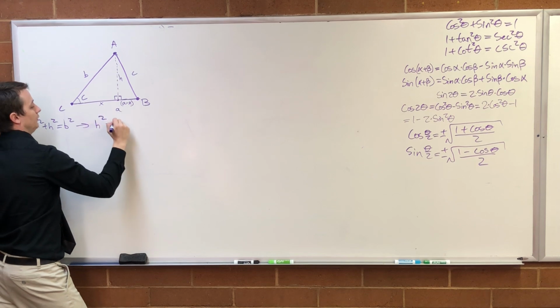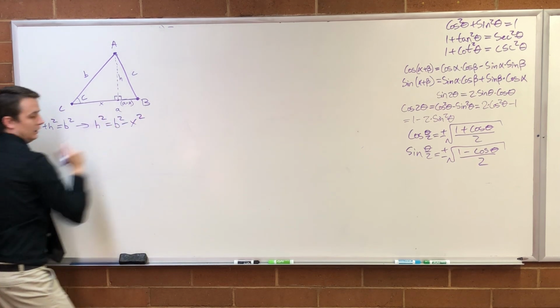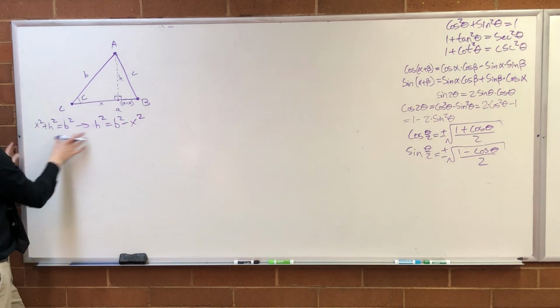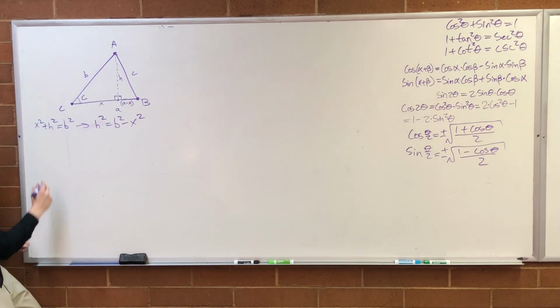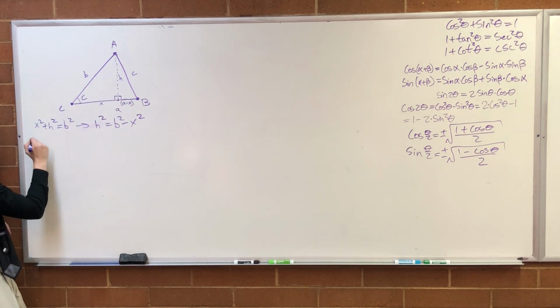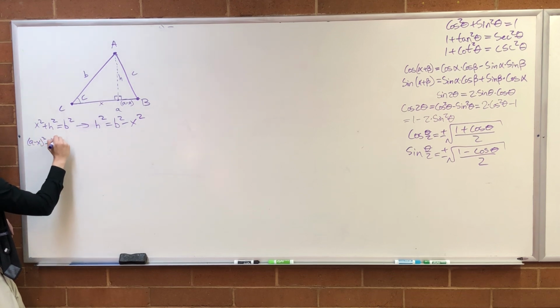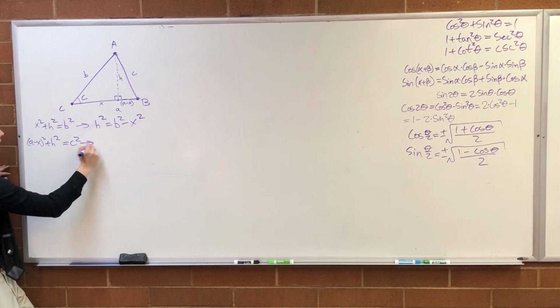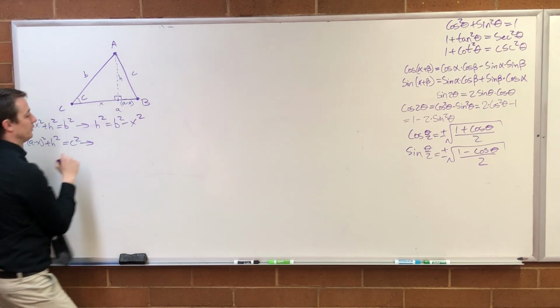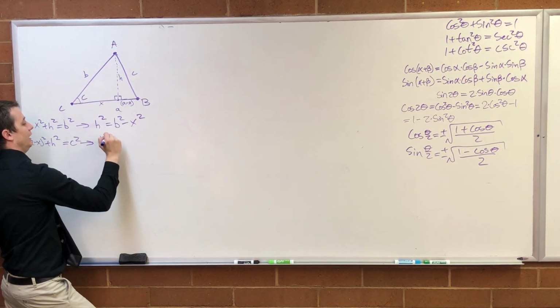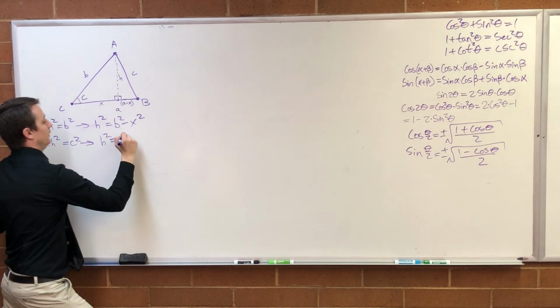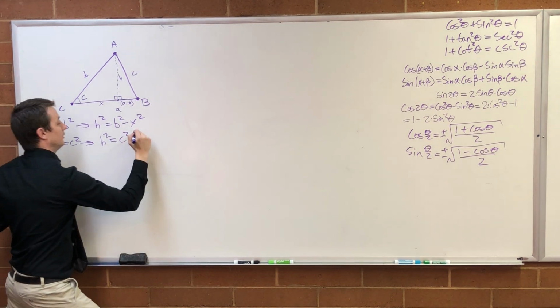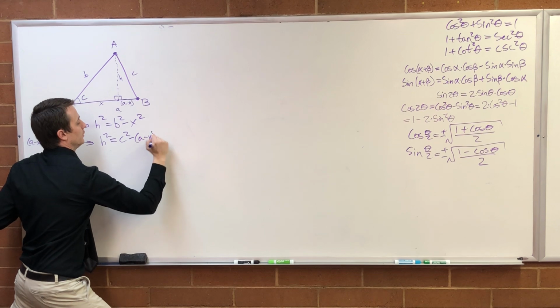So h squared is equal to b squared minus x squared. Now, do the Pythagorean theorem with this triangle over here. So with that triangle, I know that (a minus x) squared plus h squared is equal to what? C squared. So that gives me that, if I solve this thing for h squared, I get h squared is equal to c squared minus (a minus x) squared.